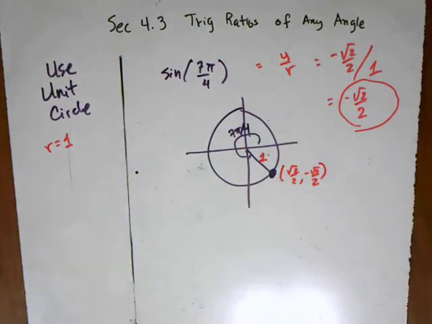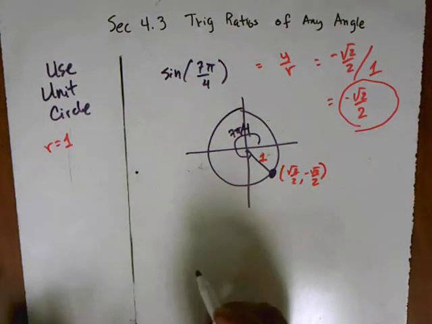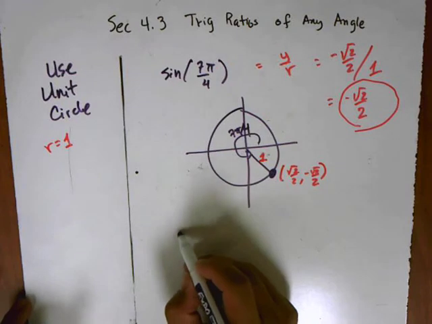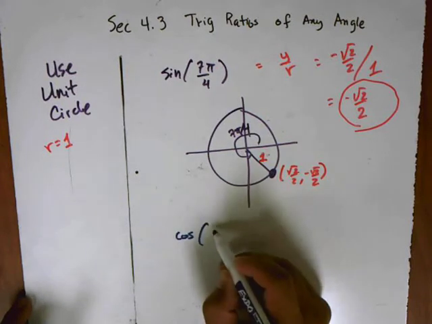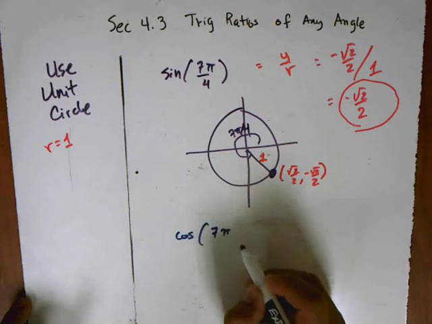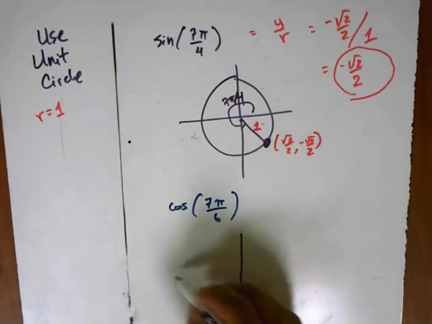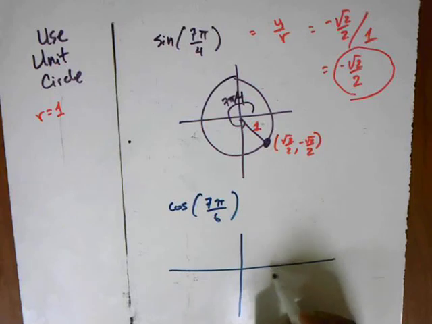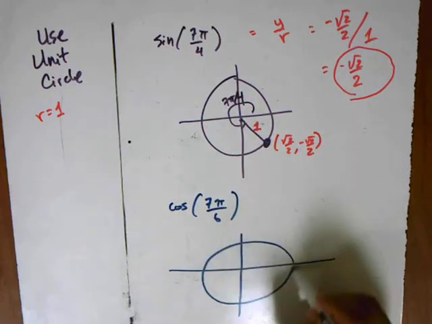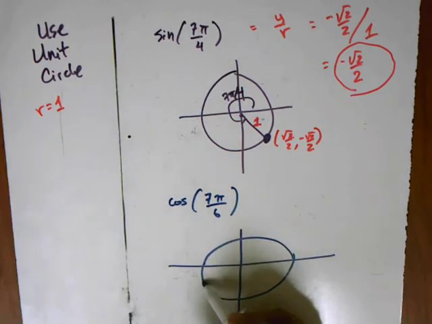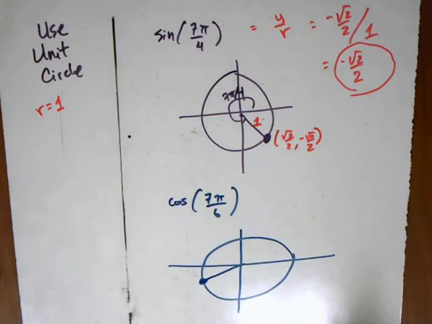What if I wanted to find the cosine of 7 pi over 6? You can look on your unit circle, know that going all the way to here, this is pi, so 7 pi over 6 is approximately here.